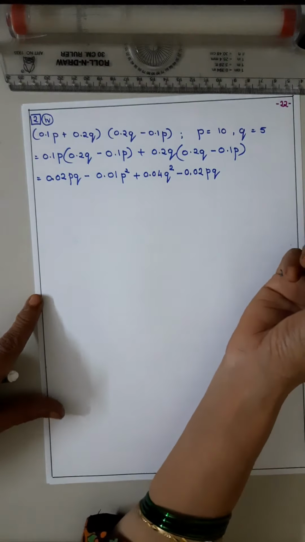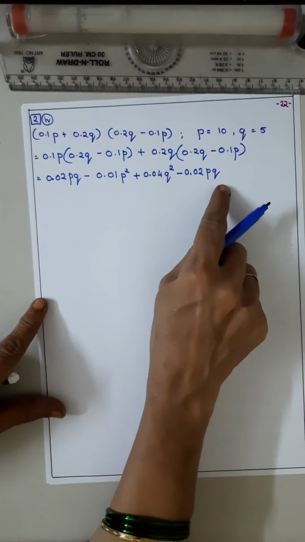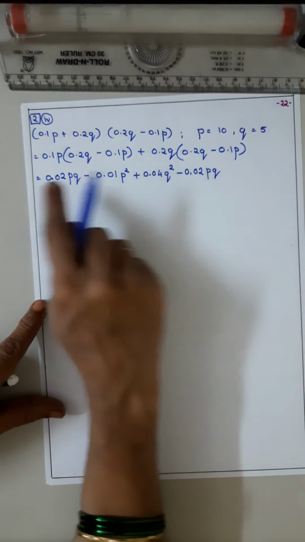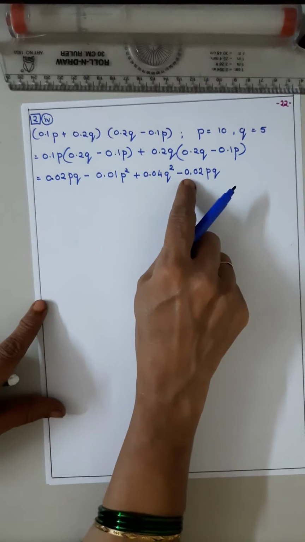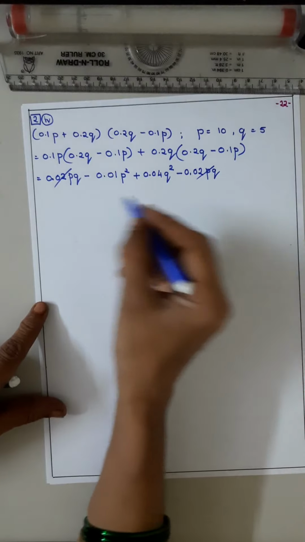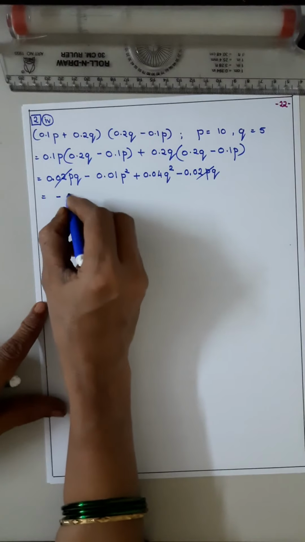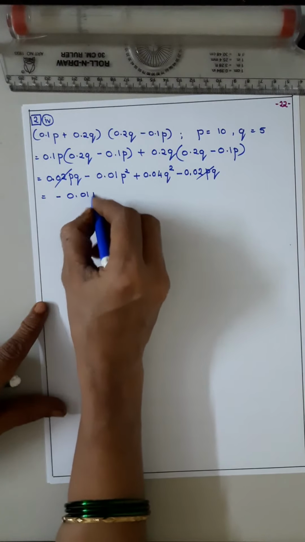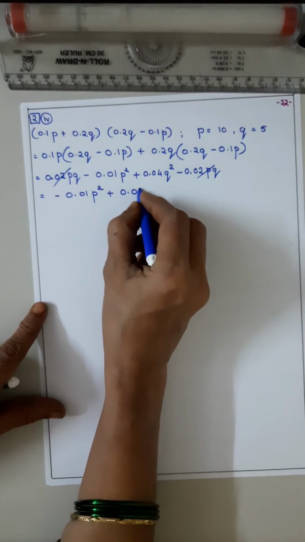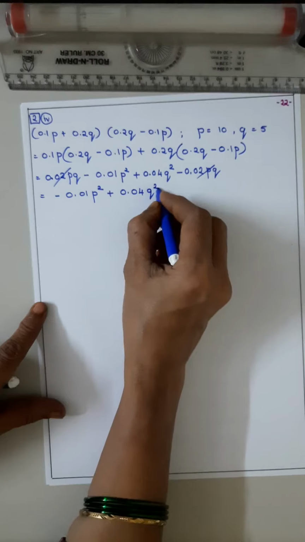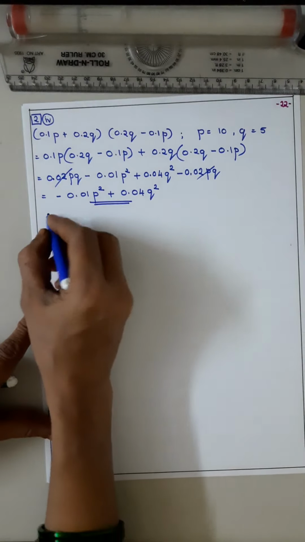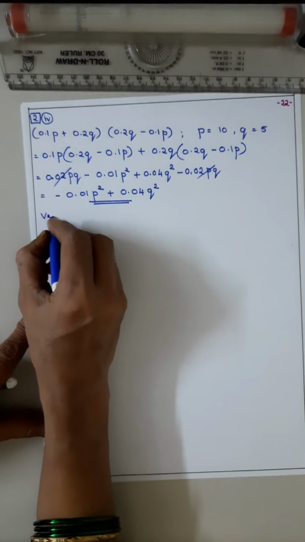Okay, now like terms, pq, 0.02, 0.02, here it is plus, here it is minus, so cancel it. So the answer is minus 0.01 p squared plus 0.04 q squared. Clear? Now coming to the verification.